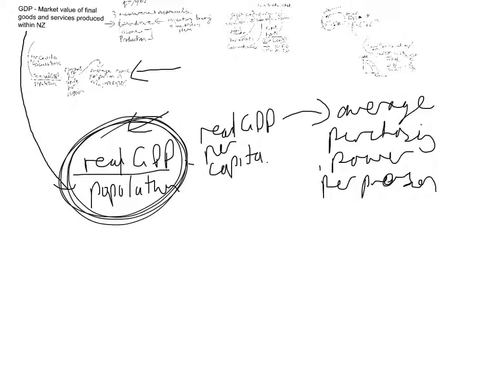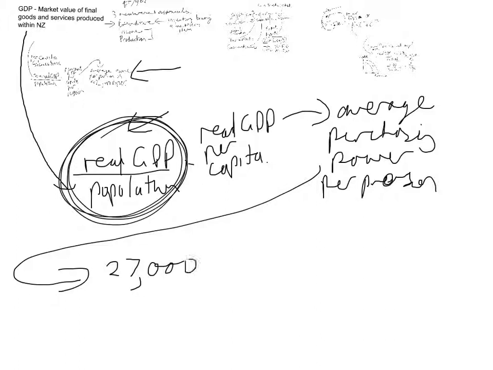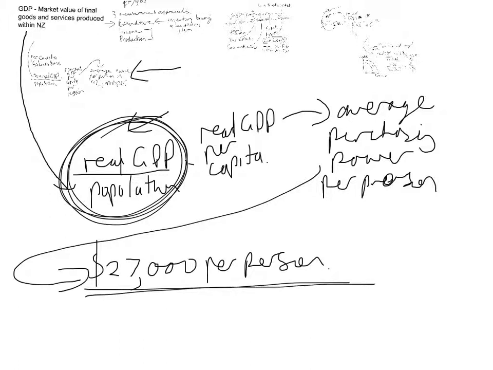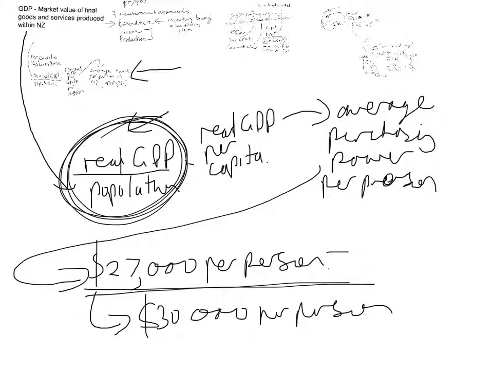Look, if the real GDP per capita works out to be, say, 27,000 per person, then what we're saying is that this person has the ability to buy $27,000 worth of real goods and services. So over a period of time, if this goes up, then you're going to be really pleased, aren't you? Because you can buy $3,000 more real goods and services.